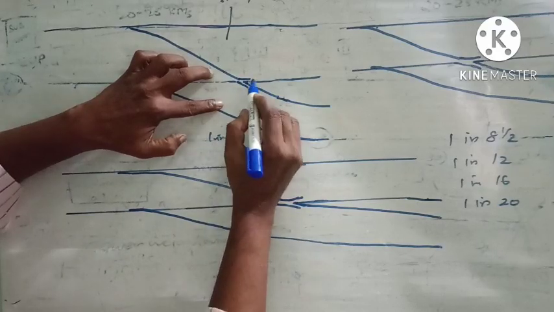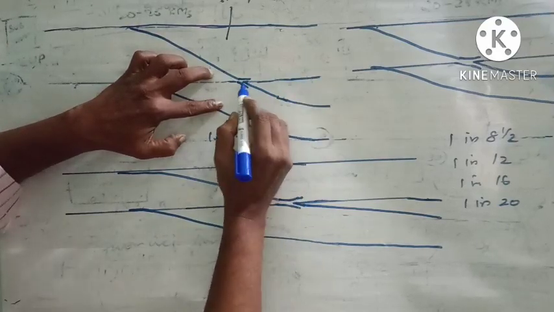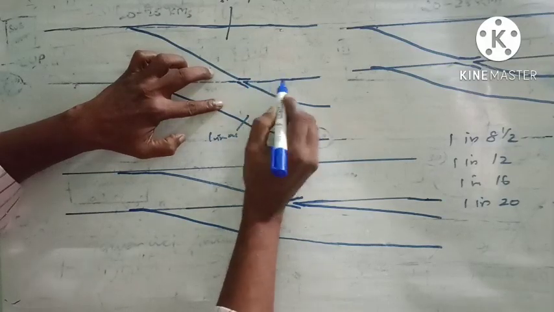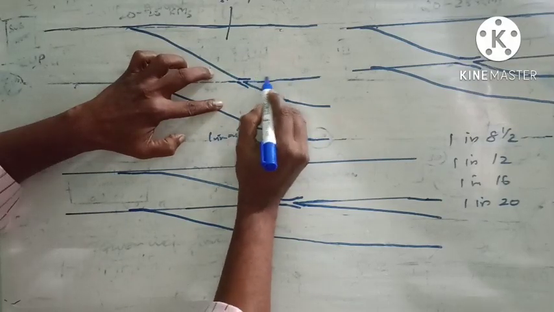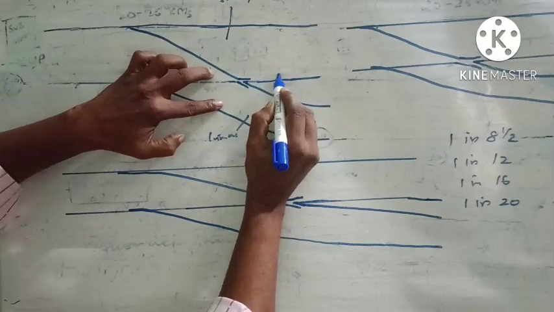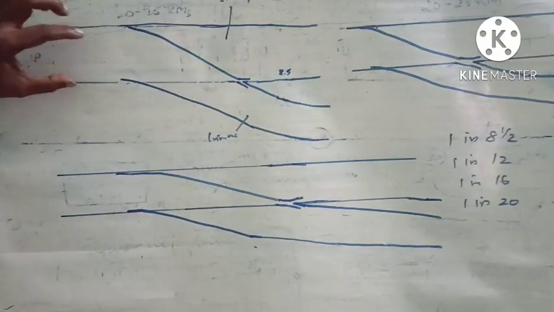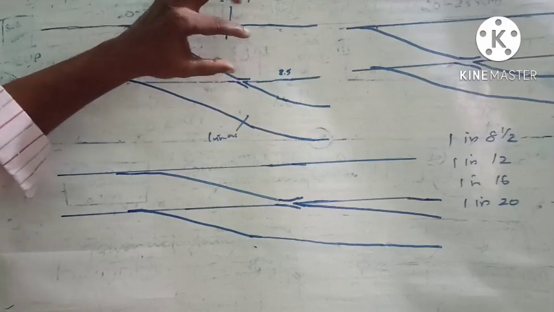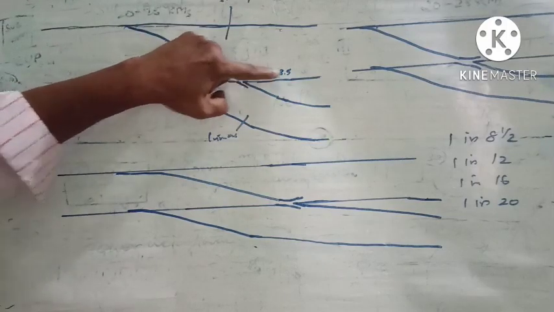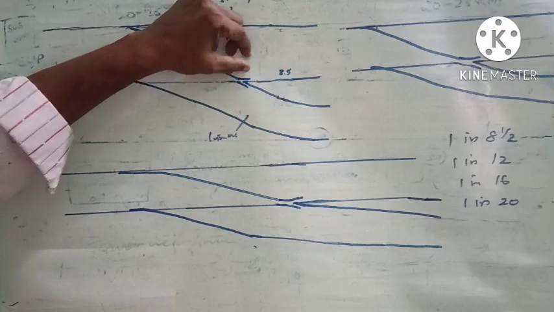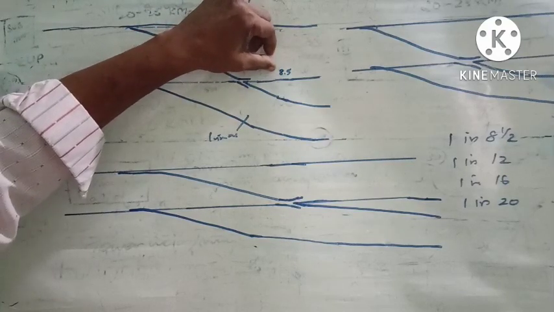From the end of the nose, in this straight track, you measure the distance. Suppose here you measure 8.5 feet. That is, on this straight rail, from the nose you measure 8.5 feet.